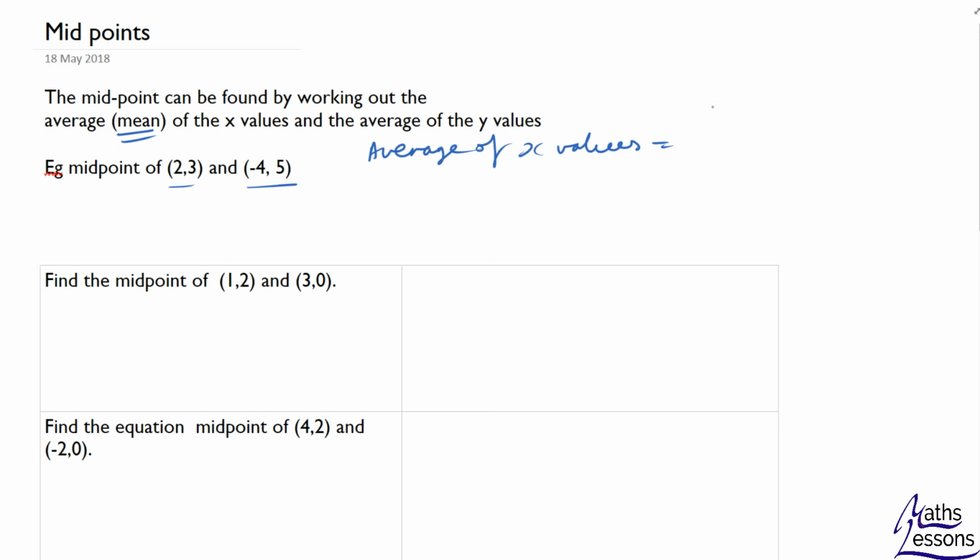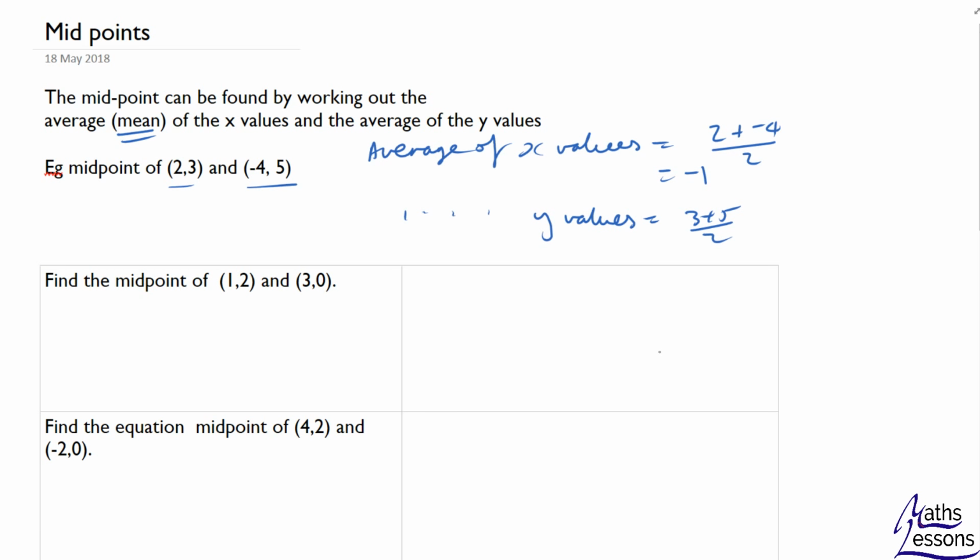We get to find that, we add the 2 points together. The x value is 2, this x value is -4, and then divide by 2 because there's 2 of them. The 2 plus -4 is -2. Divide by 2 is -1. And the average of the y values is equal to 3 plus 5.